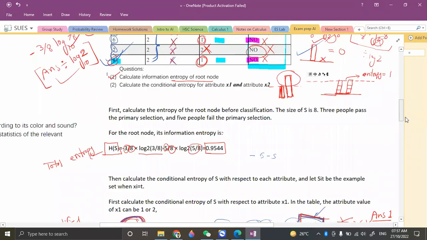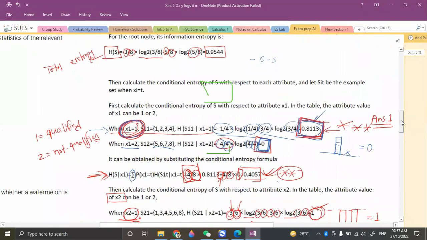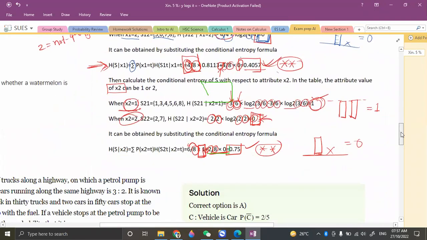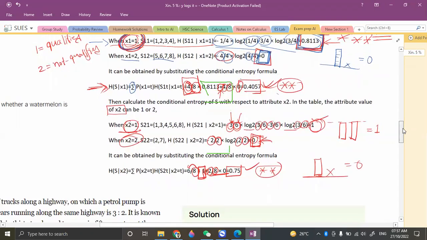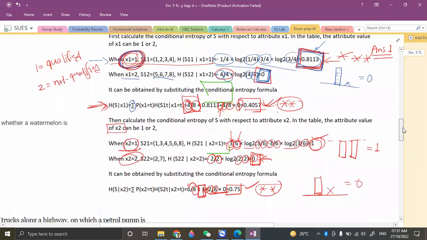Entropy of the root node, right? So we have to find what the root node is. For the root node, we just need to see which result is bigger.